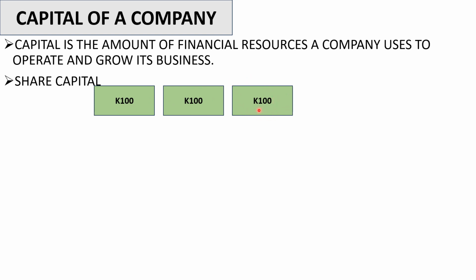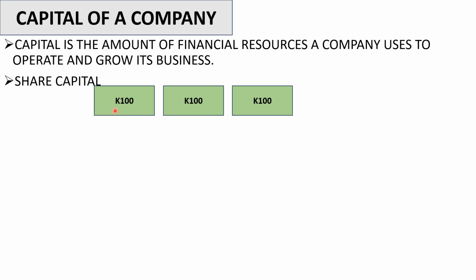Okay, so the way it works is if you issue out shares and some people are interested, they buy the shares, they give you the money, so they have shares in your company. For example, someone buys one share, which is 100 kwacha, so your company is going to have 100 kwacha. They have one share in your company. As the company is operating, these people are supposed to benefit from the profit.